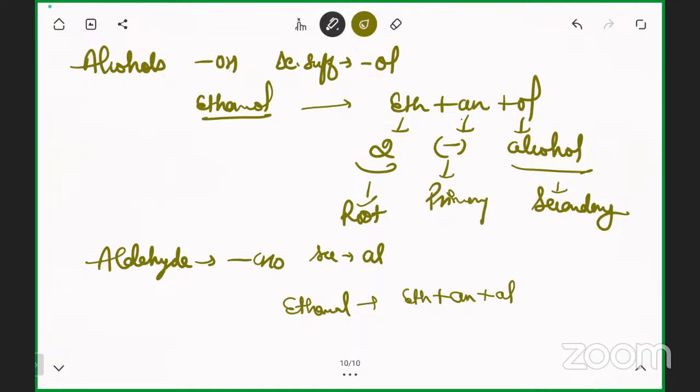Eth represents 2 carbons, an represents single bond, al represents aldehyde. So again, we have two types of suffix. First is the primary suffix, which tells about the saturation of the compound, while the secondary suffix tells about the particular type of functional group. If the functional group is not present, only the primary suffix can also work.